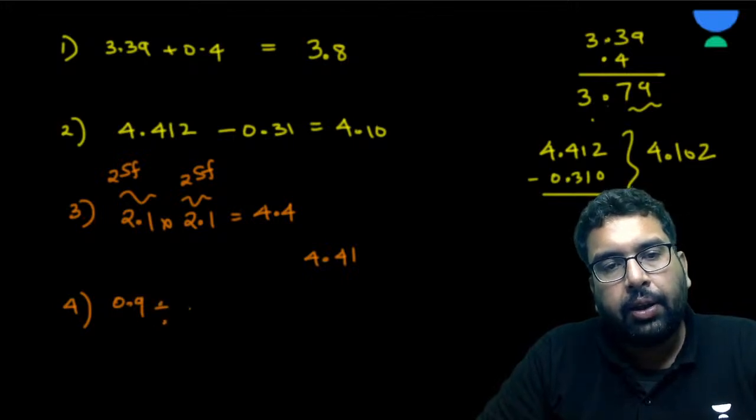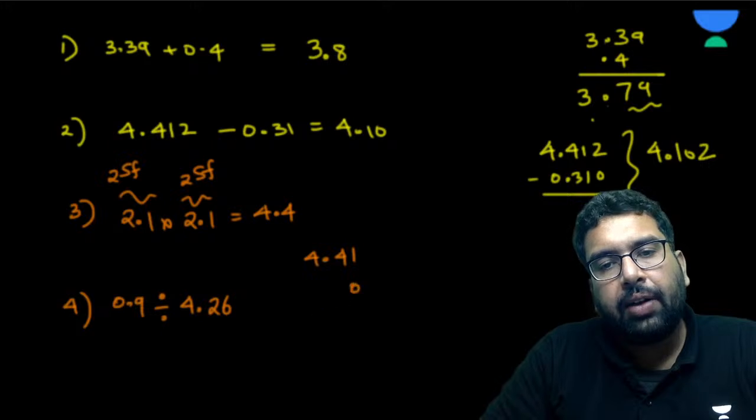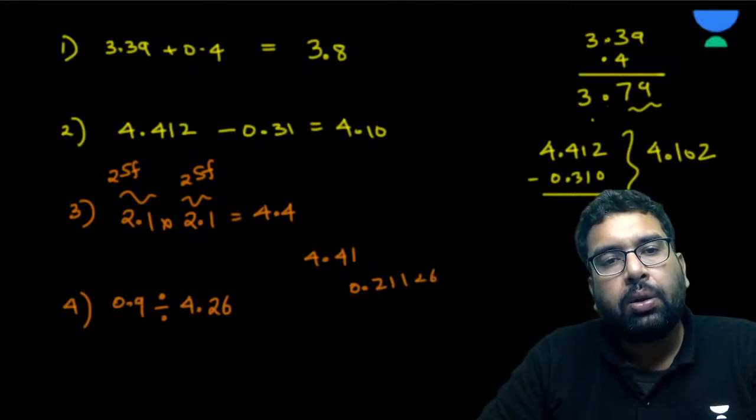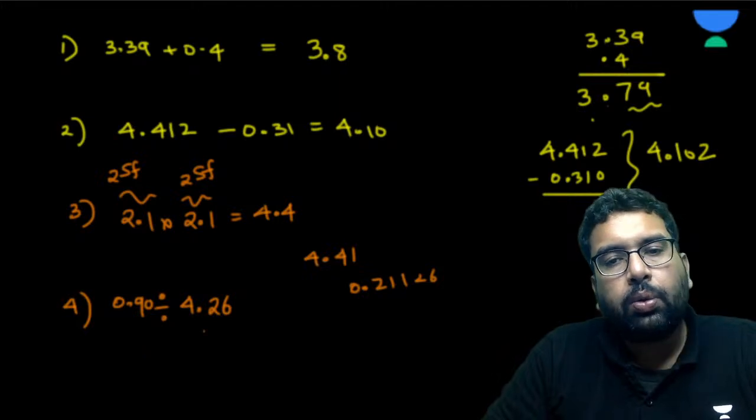Now if we are dividing 0.90 by 4.26, in general we get 0.21126. But this couldn't be your answer.